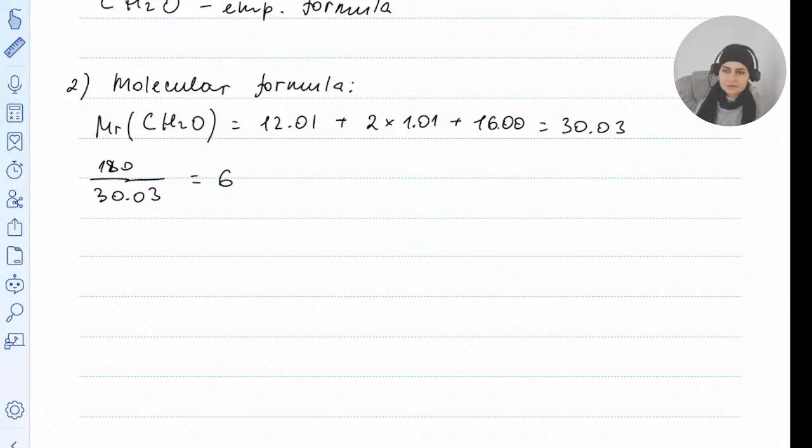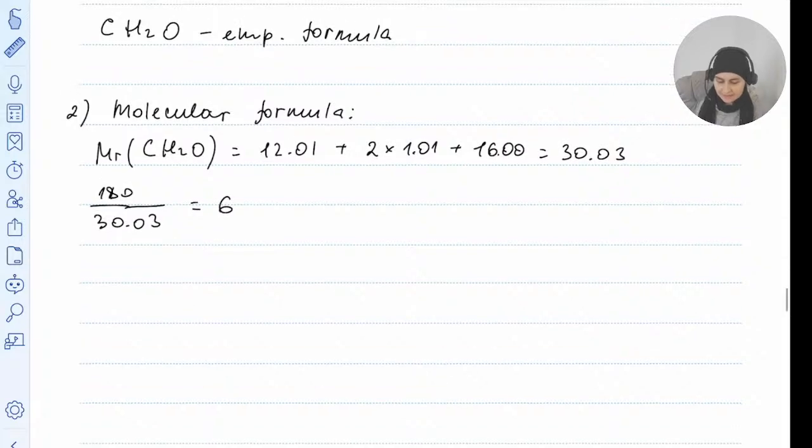If you get some weird number like 6.2, something is wrong, so you have to double check everything. It must be a whole number at this point, and then you just have to multiply all the indices by 6. So instead of C1H2O1, you get C6H12O6. That's the molecular formula.